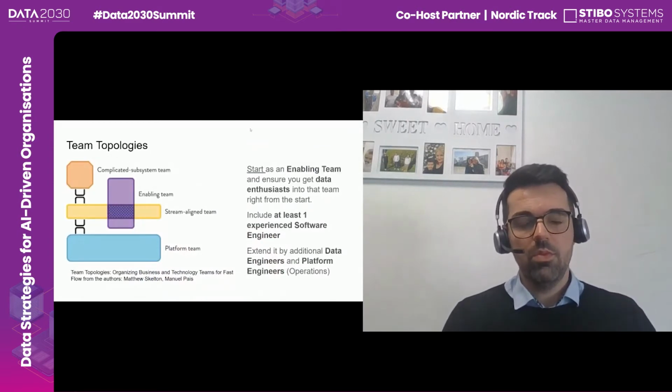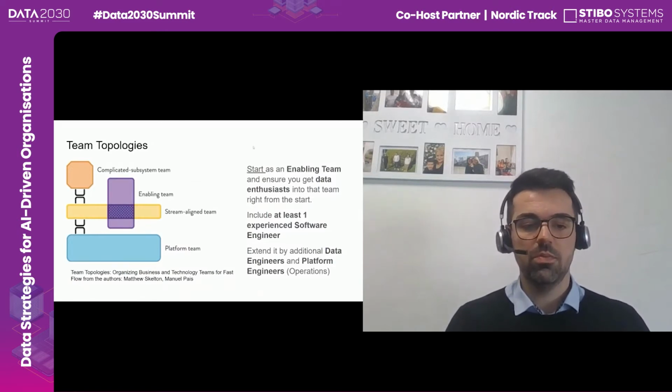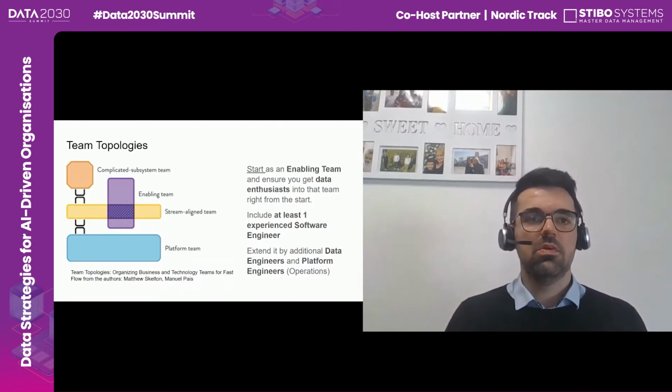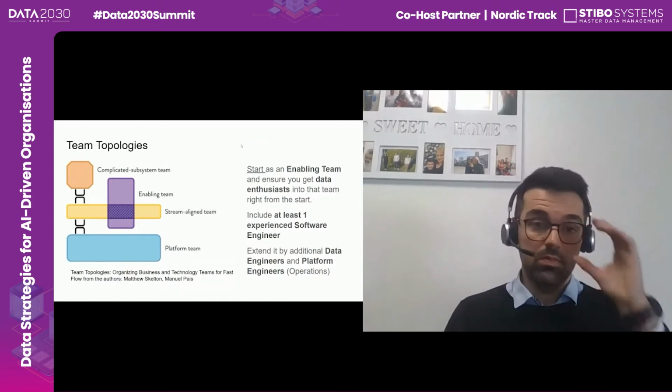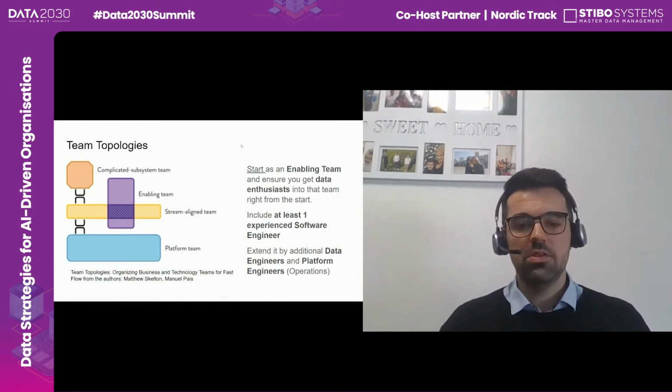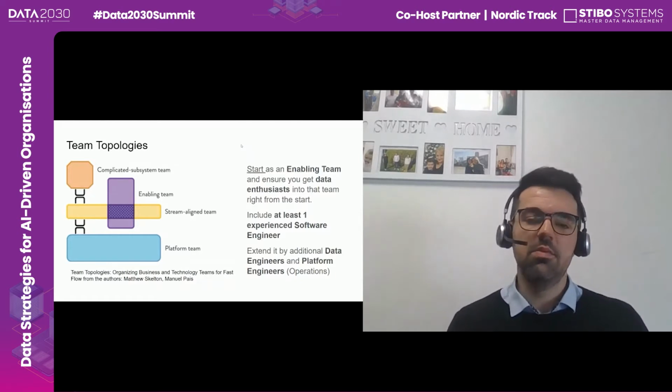So maybe some of you know the book Team Topologies from Matthew and Manuel. It describes the different kinds of teams that you nowadays see in various companies. And from what I learned, it's best to start as an enabling team for the DataOps team.